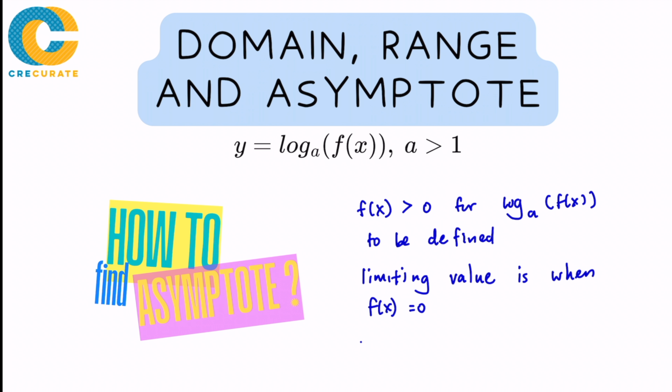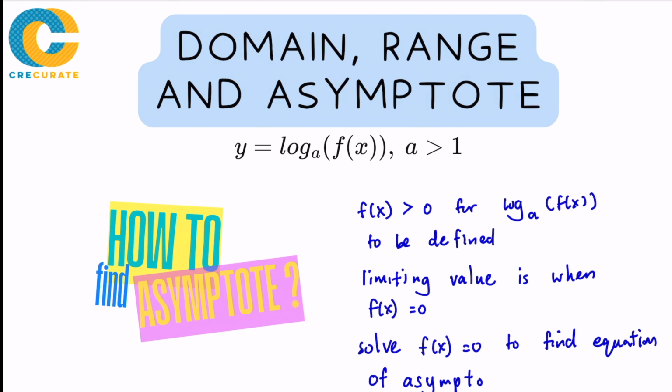So the limiting value is really at f(x) equals 0. So we solve f(x) equals 0, and after solving it, that is the equation of the asymptote. In this case, this is a vertical asymptote, so you get x equals a certain value.